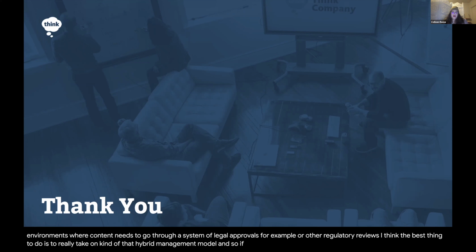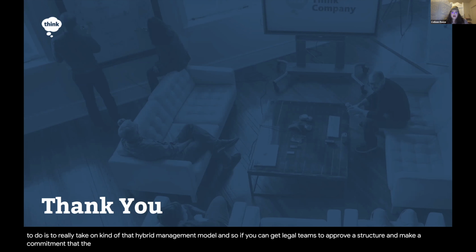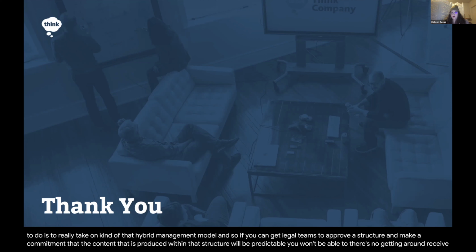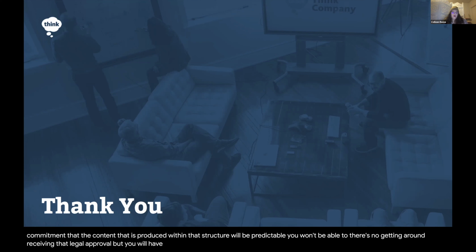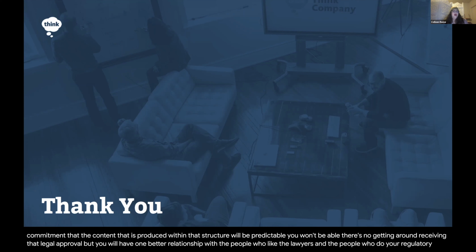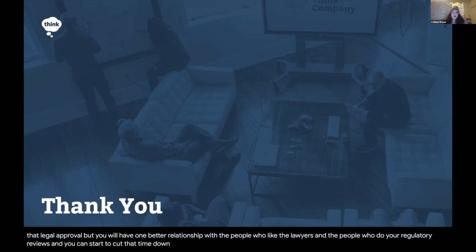And so if you can get legal teams to approve a structure and make a commitment that the content that is produced within that structure will be predictable, there's no getting around receiving that legal approval, but you will have a better relationship with the lawyers and the people who do your regulatory reviews, and you can start to cut that time down a little bit versus recreating the wheel every time you have to publish a new page, create a new content experience, something like that.